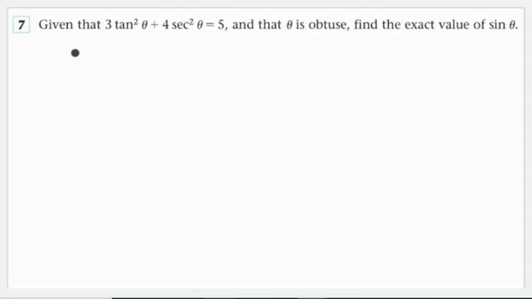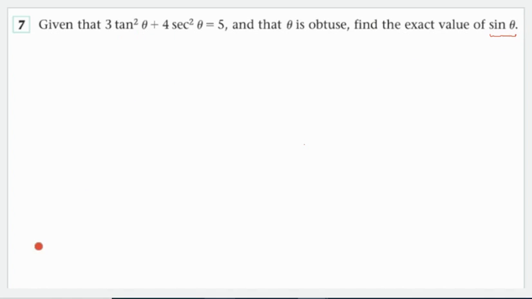Next, we have, given that 3 tan squared theta plus 4 sec squared theta equals 5 and theta is obtuse, find the exact value of sine theta. Okay, this is interesting. This doesn't look like the questions are related in any way, but I know I'm trying to work out sine theta.